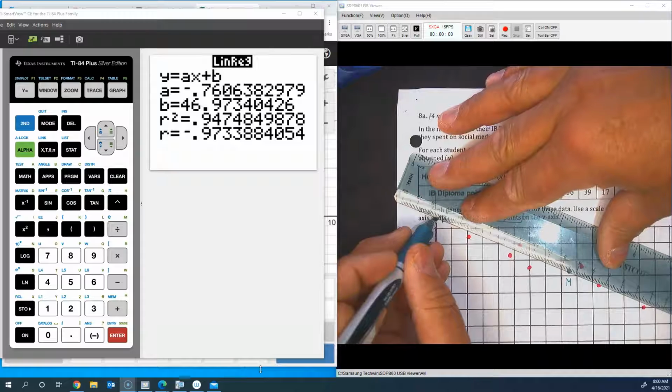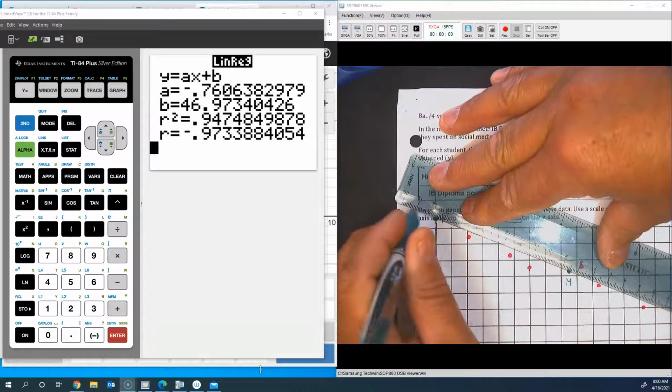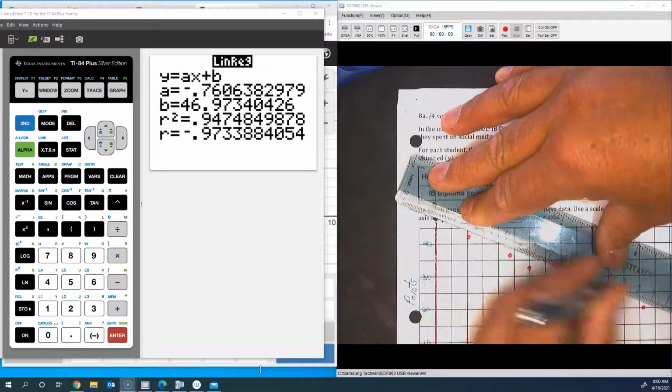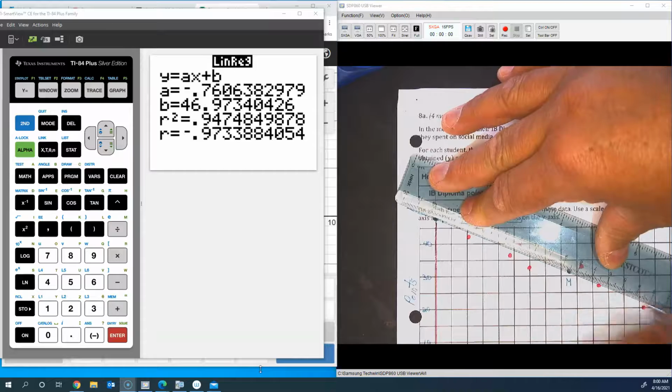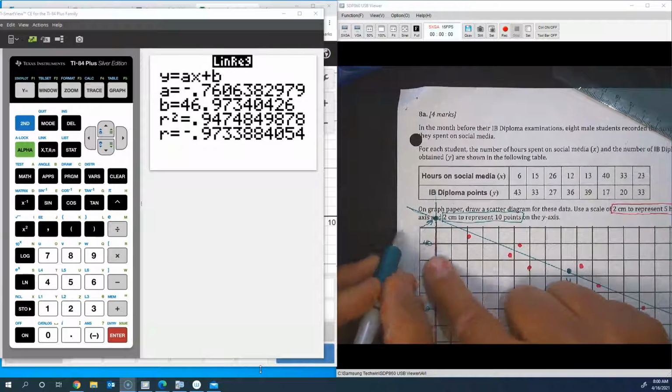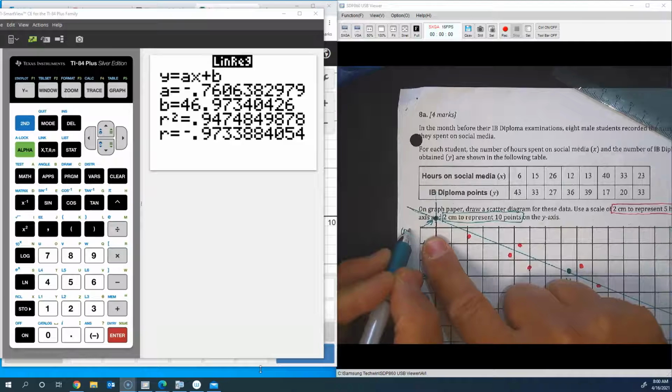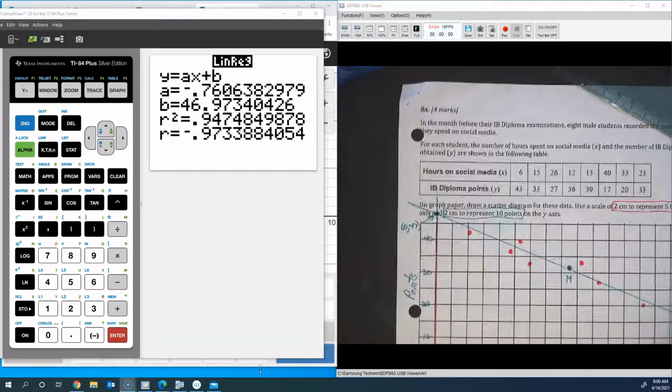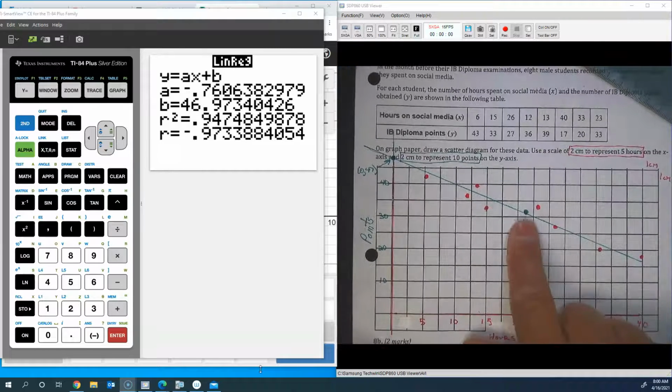Now my line of regression will look something like this. That's the point 0, 47, and it goes through the mean point.